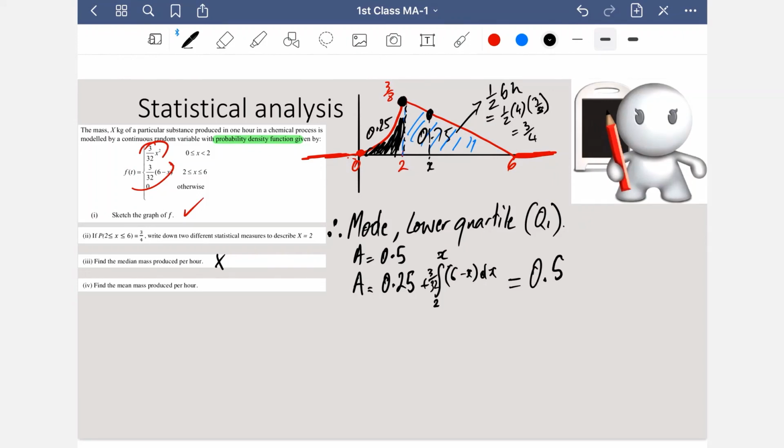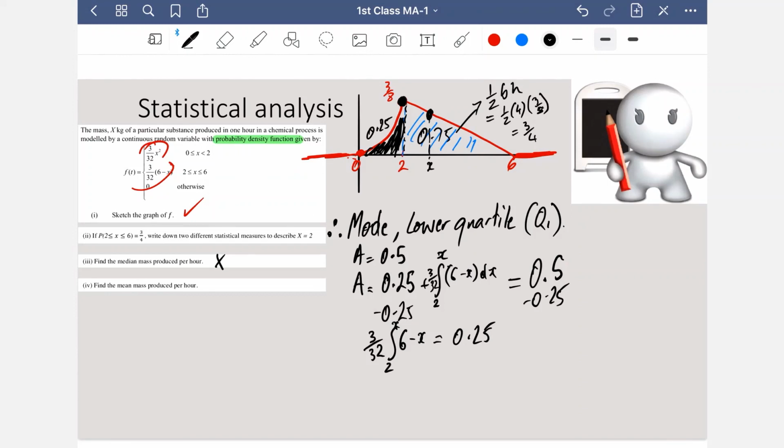So not a bad little problem there. Let's take away 0.25 over here. And so what we have is 3 over 32 multiplied by the integral of 6 minus x from 2 to x to equal 0.25. Okay, let's integrate.